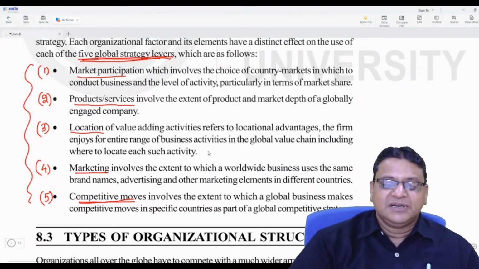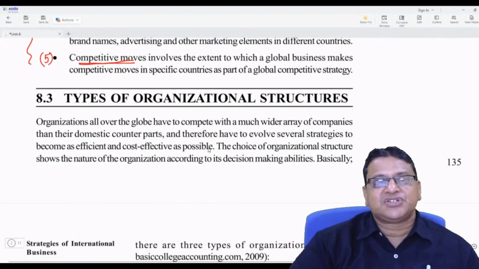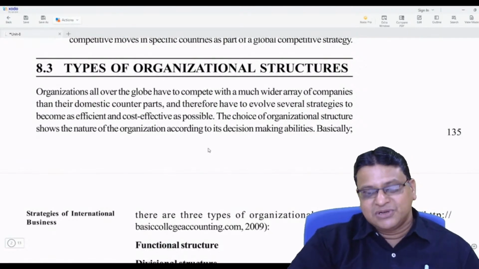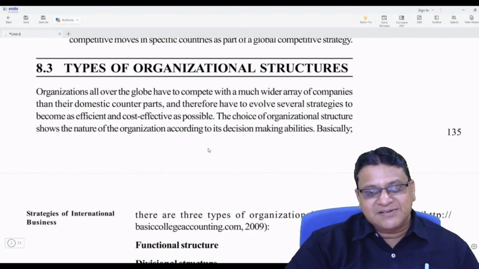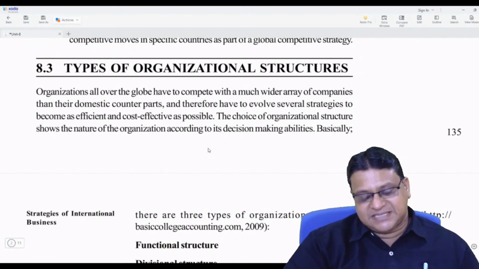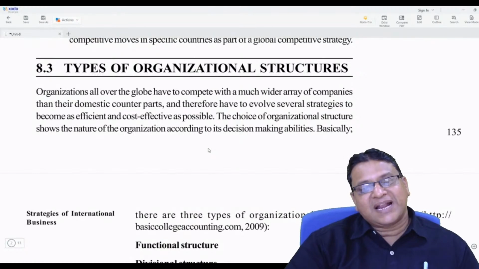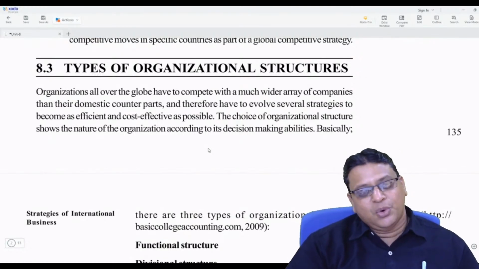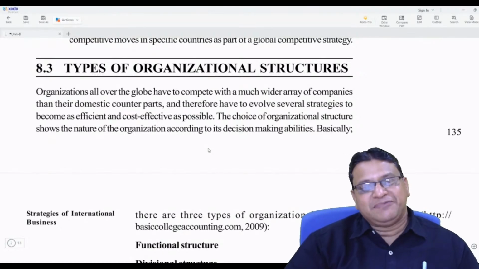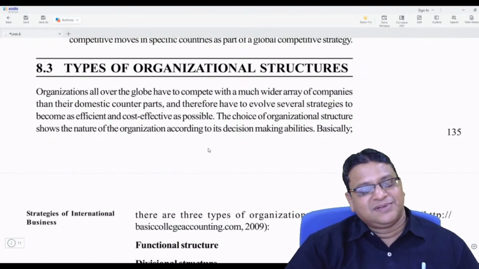Next, we will discuss different types of organizational structure. We have discussed what organizational structure is. It is the way people in an organization are arranged. It's the way work in an organization flows. It's the way decision making in an organization is made. So it's the arrangement or division of the organization.